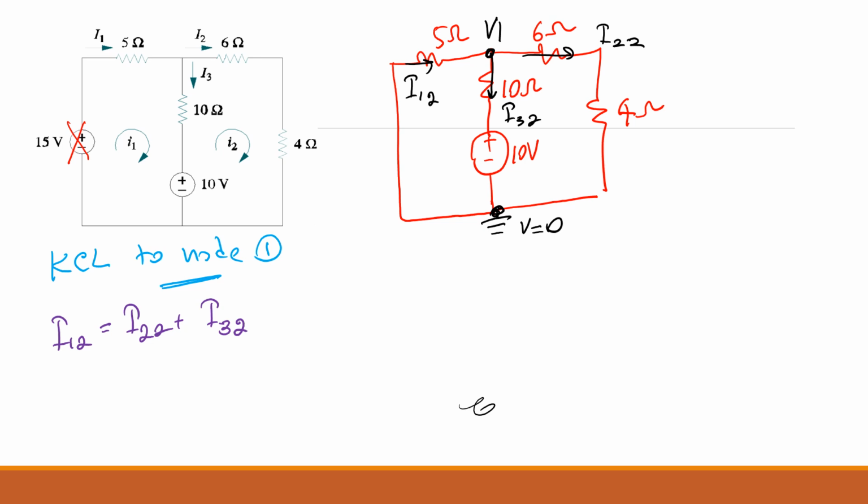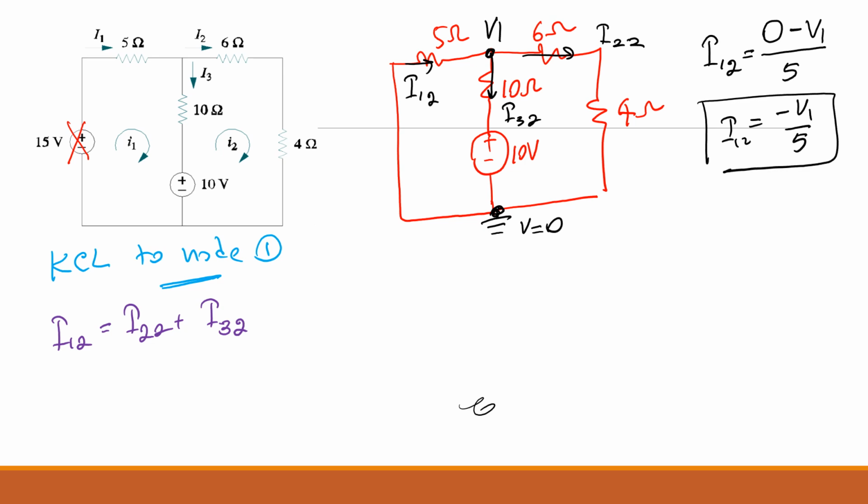So how can I write I12, starting from 0 going to V1, divided by 5? This will be negative V1 over 5. Are we good? Any question? How can I write I22, starting from V1 and going to 0, and the combined resistance, 6 and 4 are in series, so divided by 10, and this will be V1 over 10.